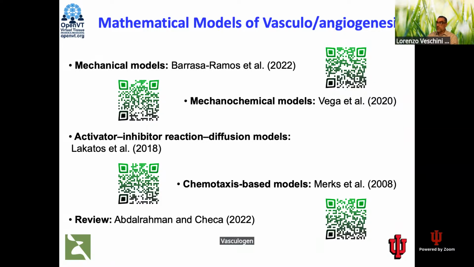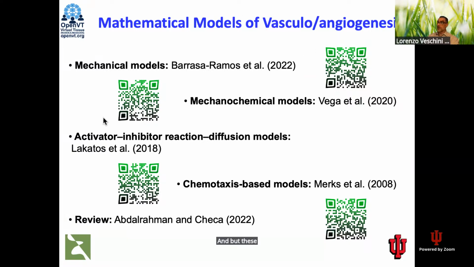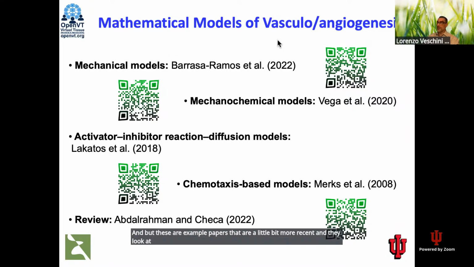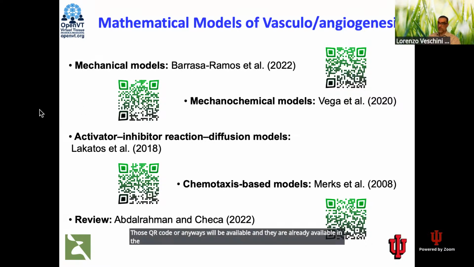Vasculogenesis has been modeled before, and actually what we are doing today is trying to look at something that has been published before by the Glazier group. But these are example papers that are a little bit more recent, and they look at different ways of modeling vasculogenesis and angiogenesis. You can grab those QR codes, or anyway, the slides will be available, and they are already available in the student material folder.